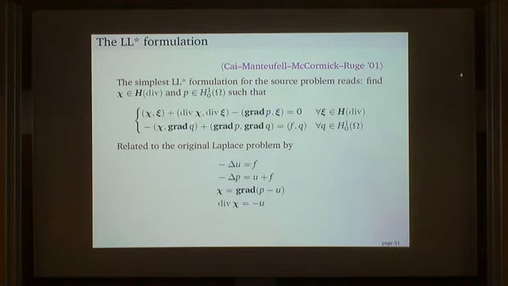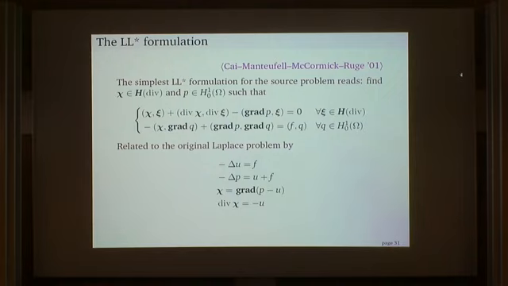So if you want to solve minus Laplace U equal to F, we are looking for P and chi instead of sigma and U, and the two variables that we get out of this formulation satisfy this problem. So the divergence of chi is equal to minus U. Chi is the gradient of P minus U, and P solves minus Laplace P equal to U plus F, where U is the solution of the problem you're interested in. So this is what you find in this paper about this formulation.